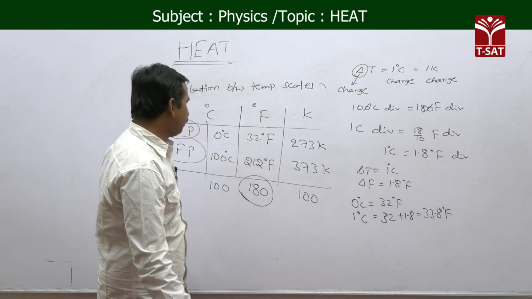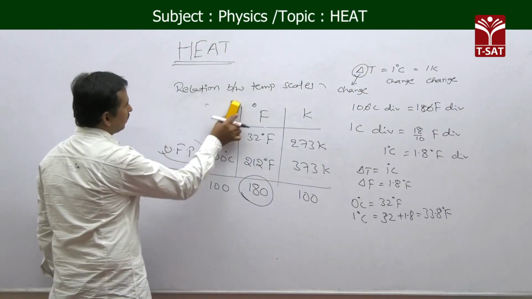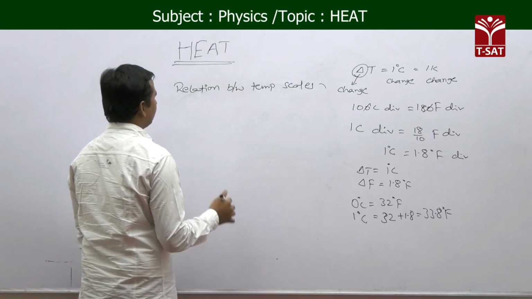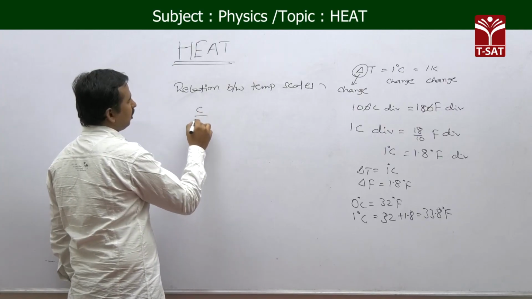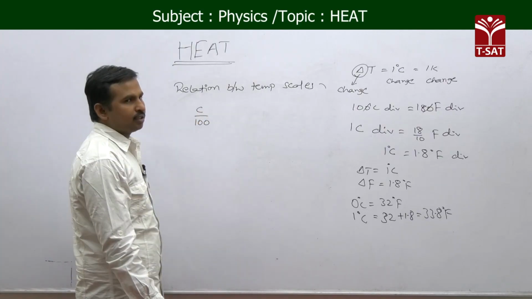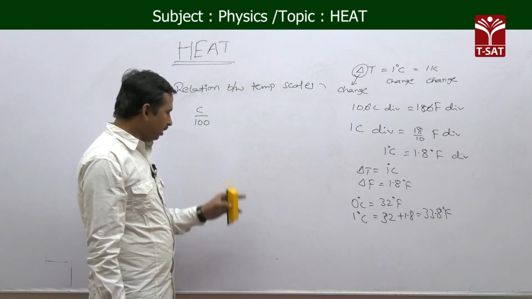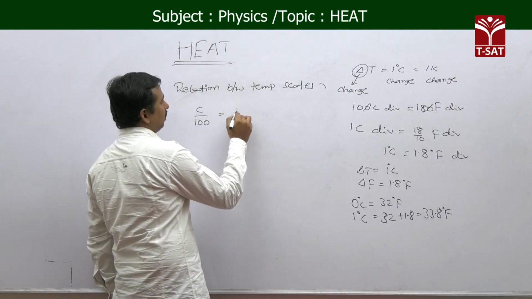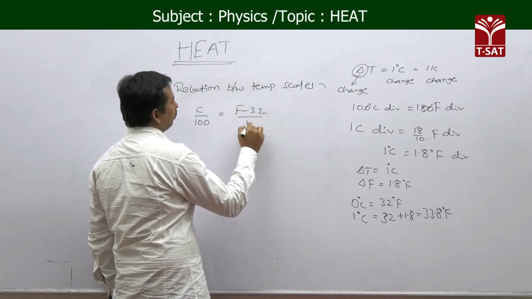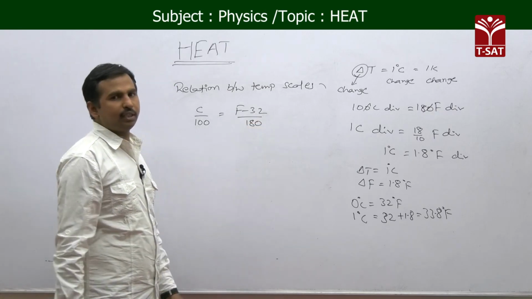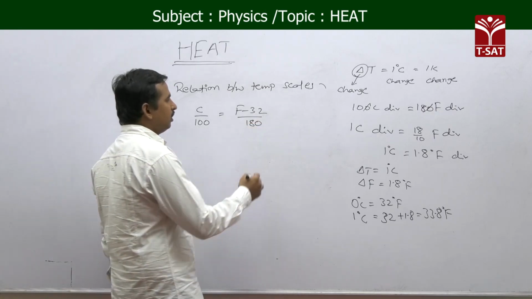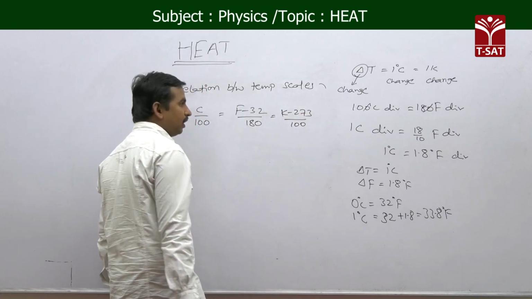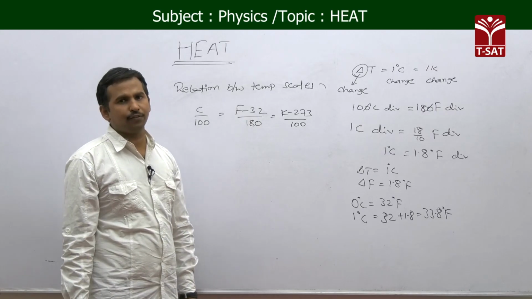Now for the relation between the scales on temperature reading, we have C by 100, where C is the Celsius scale reading and 100 is the number of divisions, is equal to F minus 32 by 180, where 180 is the number of divisions for the Fahrenheit scale, is equal to K minus 273 by 100, again where 100 is the number of divisions for the Kelvin scale.